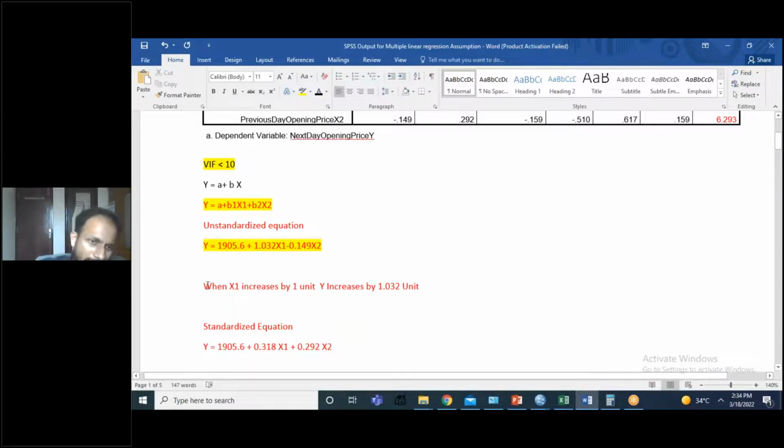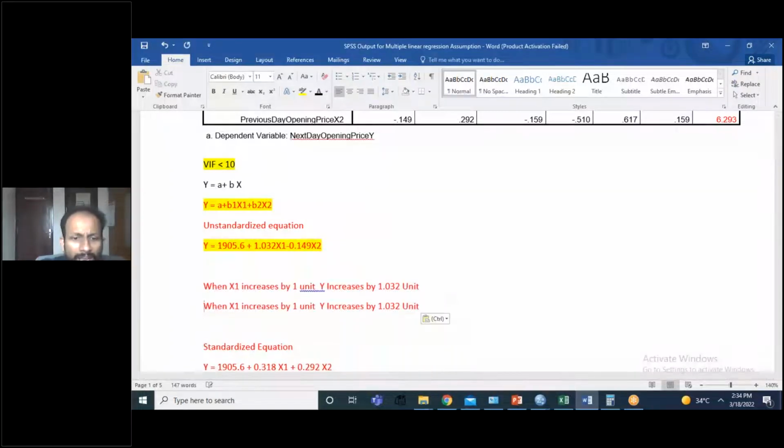Just remember this way of interpreting multiple linear regression. You have to consider this coefficient of x1, which is the unstandardized coefficient. Then how do I have to interpret x2?